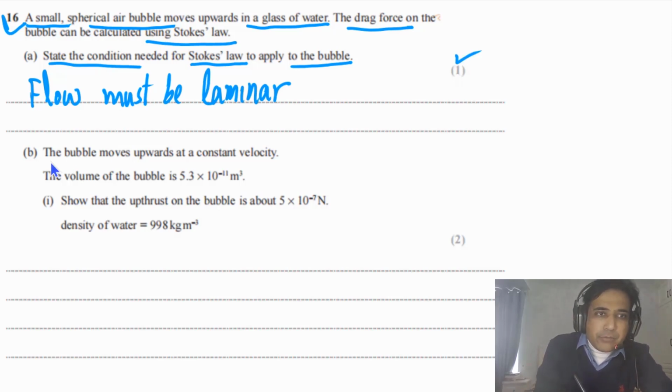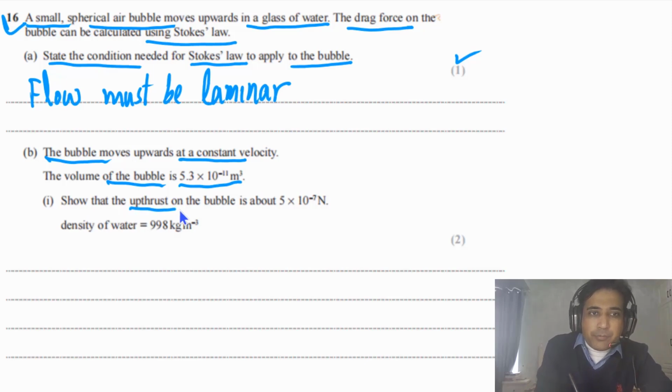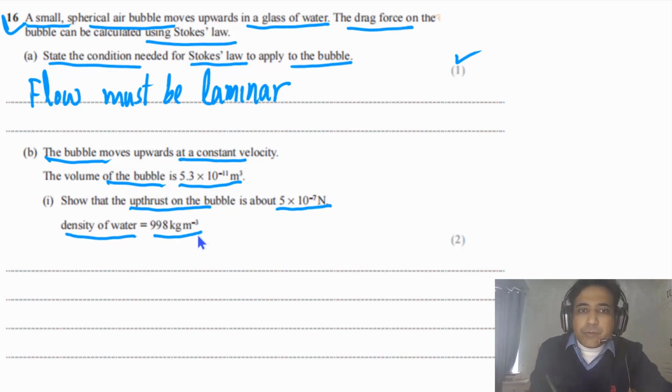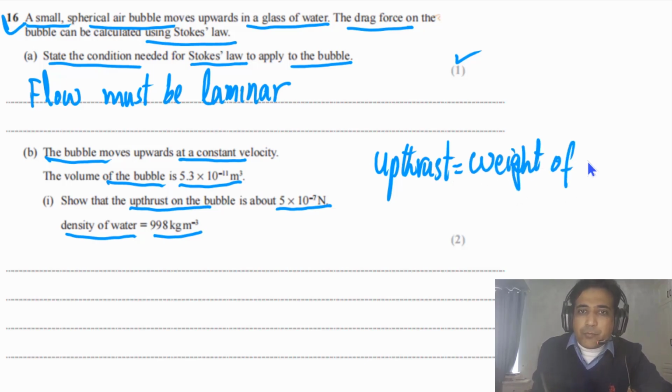For part B, it is given that the bubble moves upwards at a constant velocity. The volume of the bubble is given. We need to show that the upthrust on the bubble is equal to this, and the density of water is given. First of all, we need to understand that upthrust is equal to the weight of fluid displaced by the bubble.